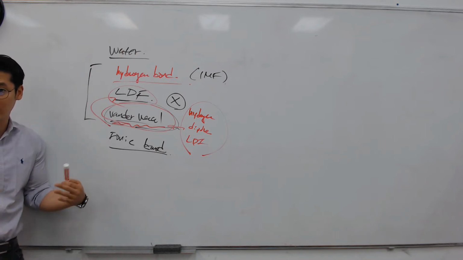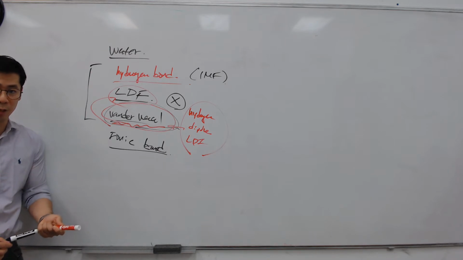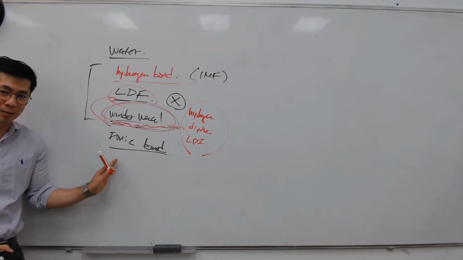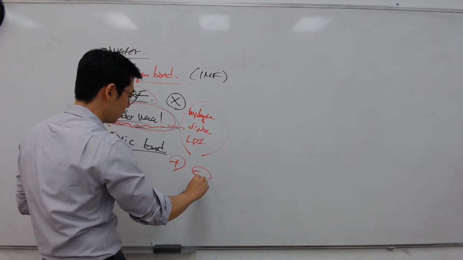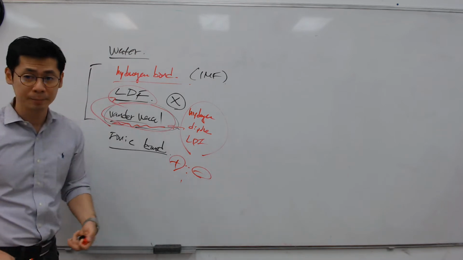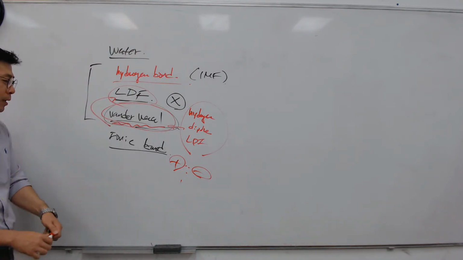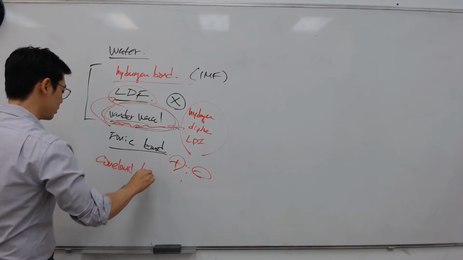In chemistry, Coulombic attraction between permanent plus and minus charges is very strong. Not so much in bio. They think the attraction between plus and minus charges is relatively weak, and they think covalent bond is really strong. Why? I have no idea. So they say covalent bond is considered strong.